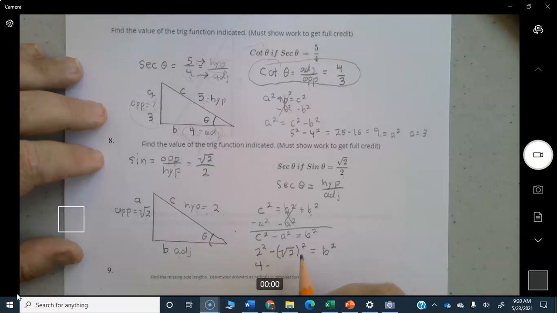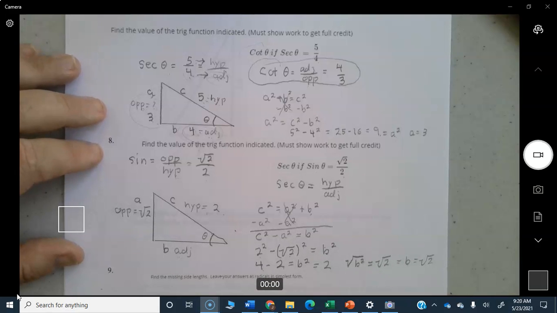So the square root of 2 squared is 2, equals b squared. So b squared equals 4 minus 2 is 2. So if you take the square root of b squared, that equals the square root of 2. And so that means that b equals the square root of 2. Square root of b squared is b. That's the adjacent, that's going to be the b side, that's the square root of 2.